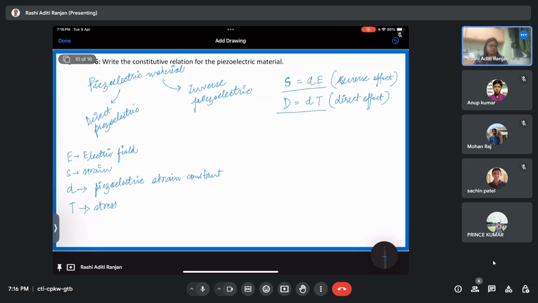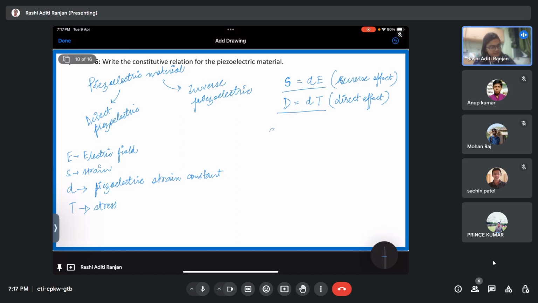Now, apart from this, let us for now forget the piezoelectric material and come to an elastic material, an elastic equation and an electrical equation. Apart from having a piezoelectric effect, my material also has some effect by nature. My material is elastic, so definitely I am going to have a stress-strain relation.